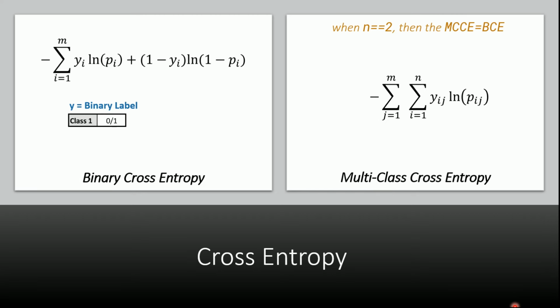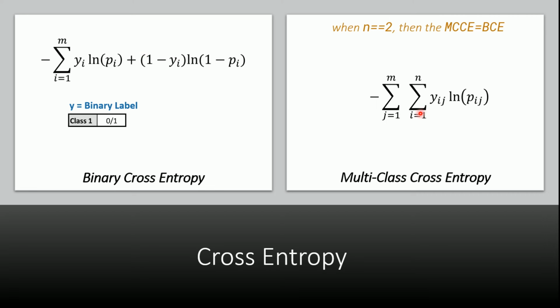Here for the binary cross-entropy, we know that our label is a binary label. It can be either 0 or 1. And as we earlier saw, if it is 0, it will silence this part of the formula, and if it is 1, it will silence this part of the formula.